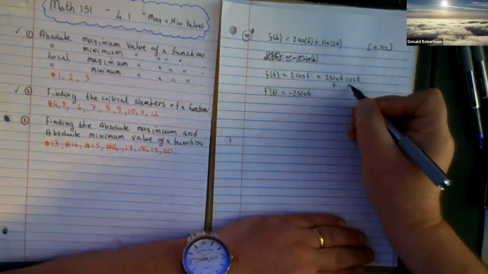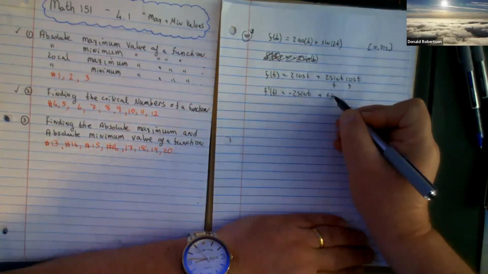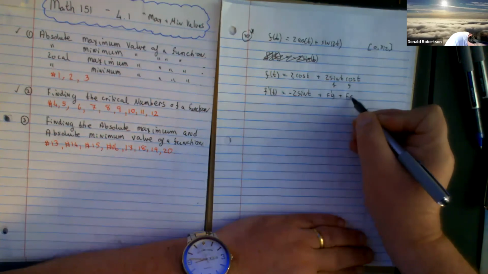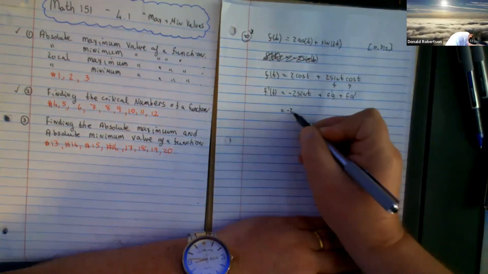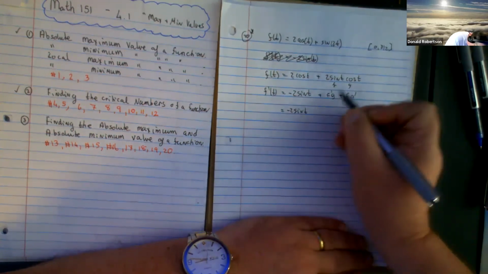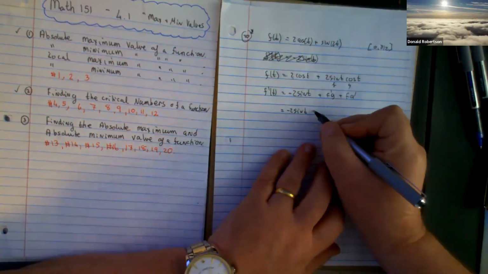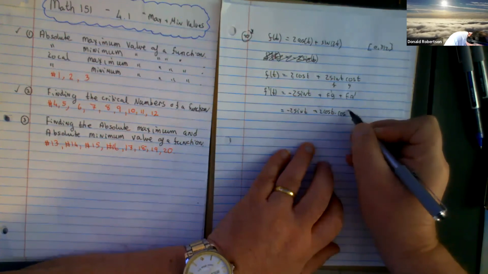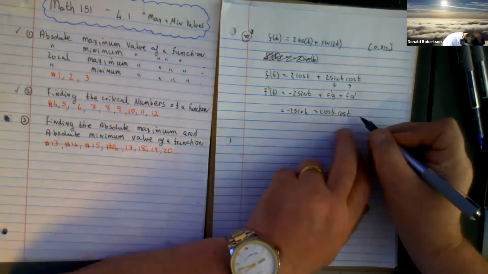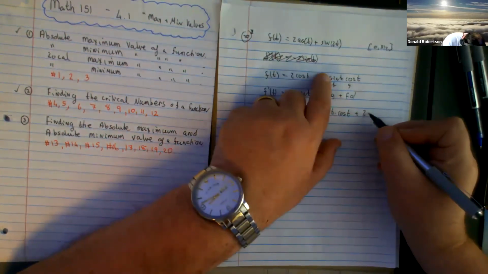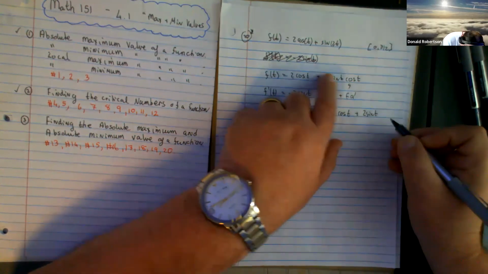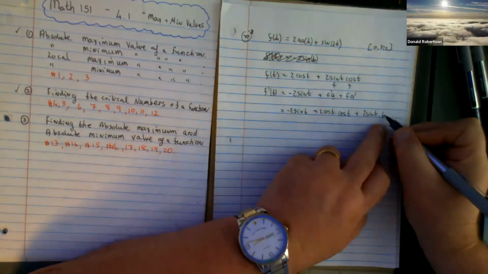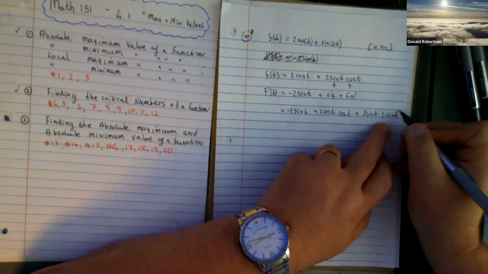This guy's going to be a product rule. So it's -2 sine t. If you differentiate this guy, you get 2 cosine t times cosine t plus 2 sine t. And if you differentiate this, you get negative sine t.